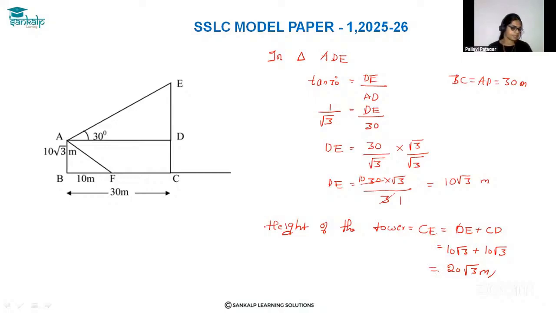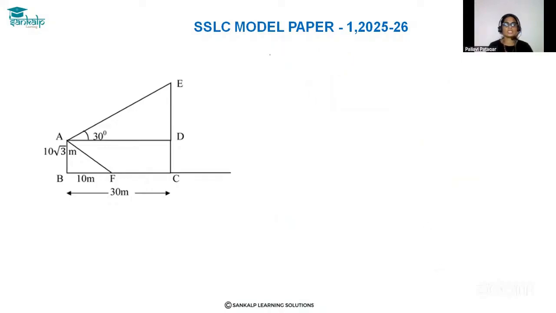Okay. So now consider in a triangle ADE. So in triangle ADE, cos 30 degree is equal to, we need AE, the distance. So cos 30 degree is equal to, cos is adjacent by hypotenuse.